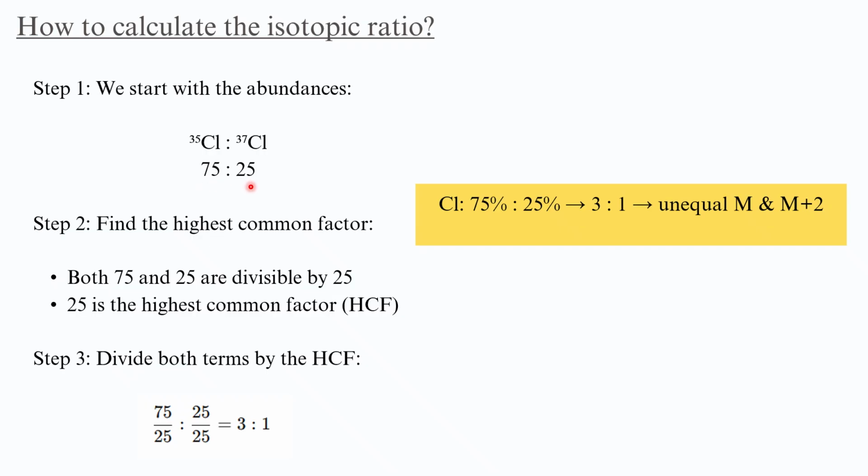The highest common factor that will come is 25. Now let us divide both the abundance percentages by 25. This is how we get the ratio, and this ratio is called the isotopic ratio. This means the two isotopes will result in unequal heights of those peaks.